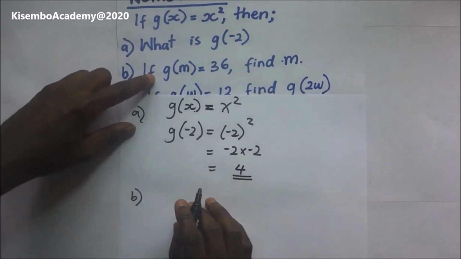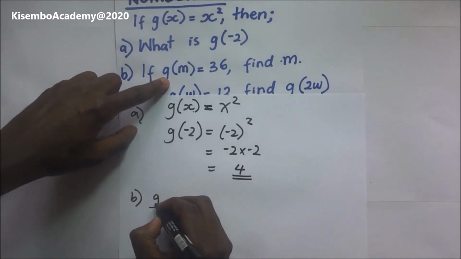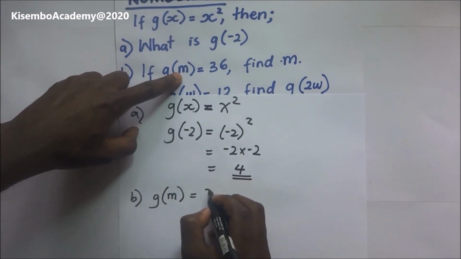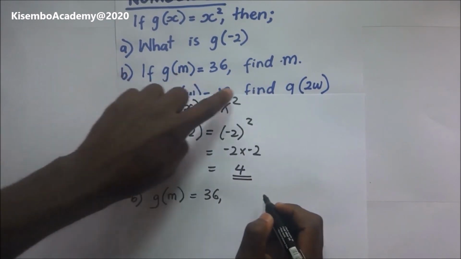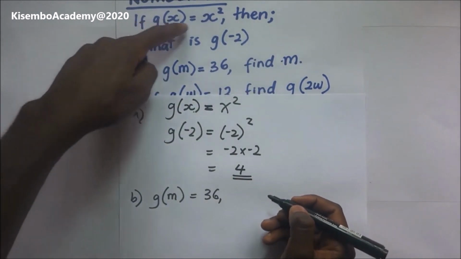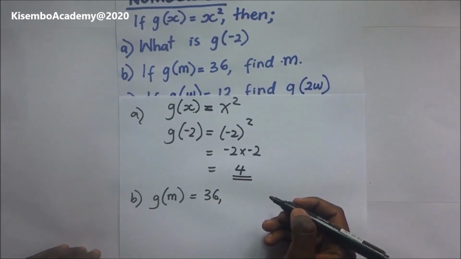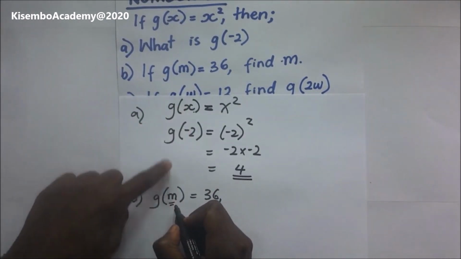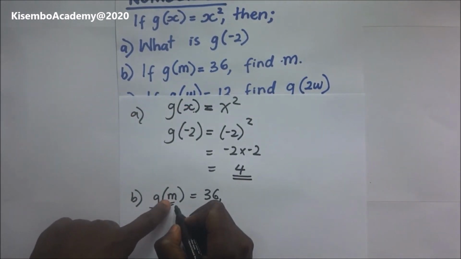Part B tells us that if g, the function g with a variable m, is equal to 36, find the value of m. Remember, all this is in reference to that expression. So our variable has become m. Where there is x, we have put m.